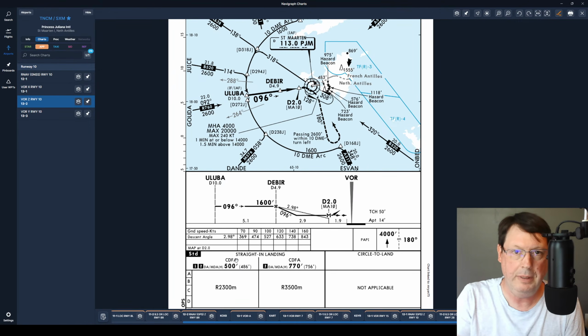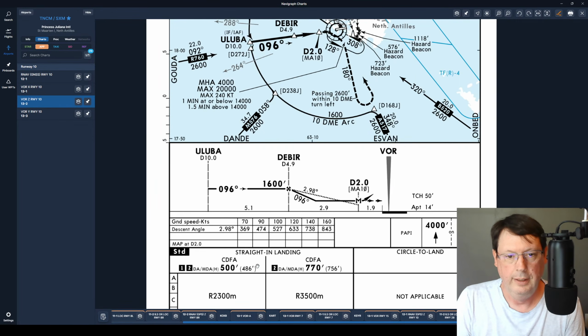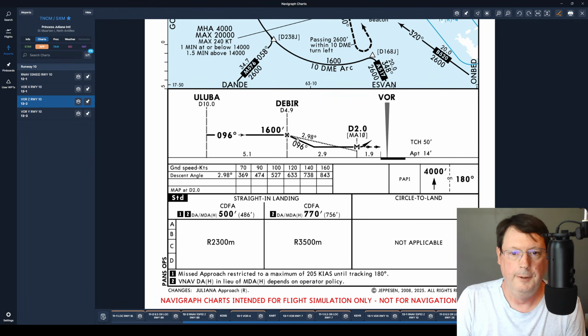Rather than dropping down to the next altitude and leveling off, you just come down at a rough descent rate to maintain the proper angle to get to the missed approach point. In this particular case, from De Beer, it's about a 2.98 degree descent to get to the missed approach point here at D2.0. And the minimums are 500 feet.